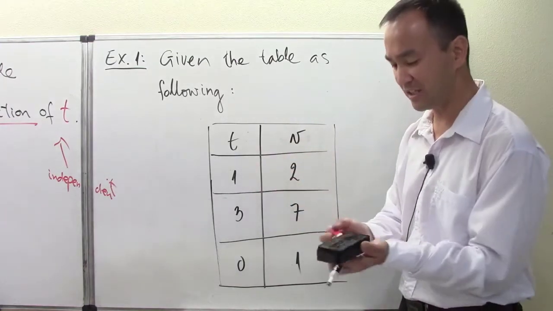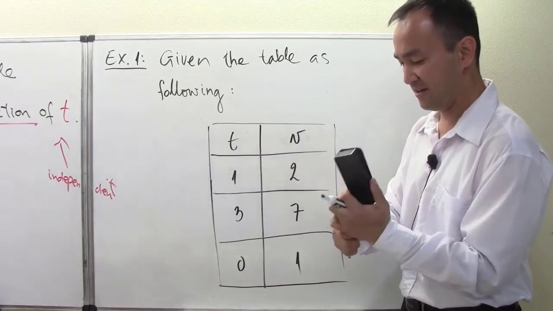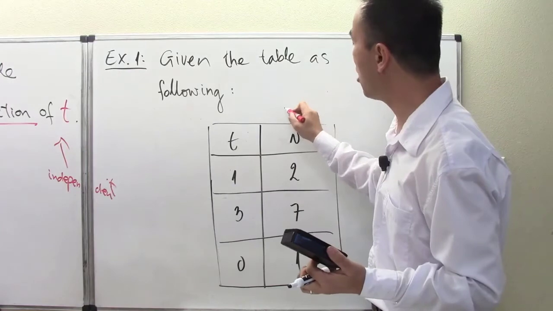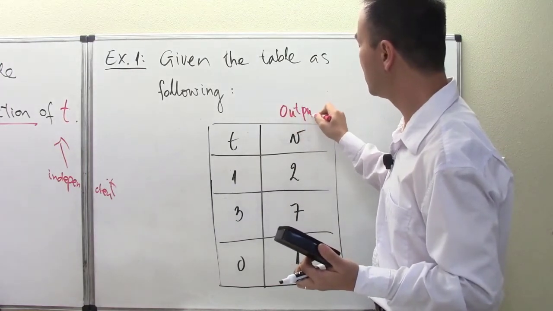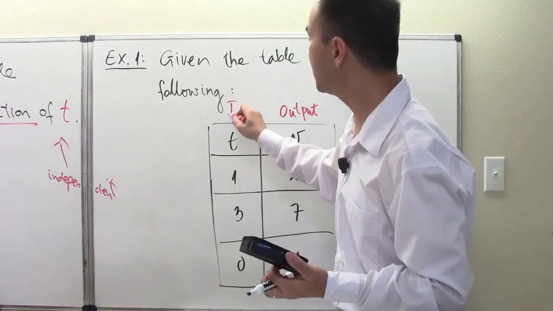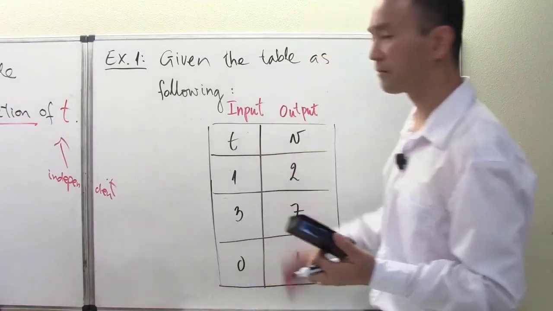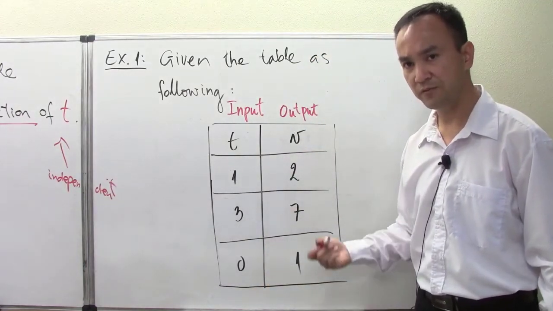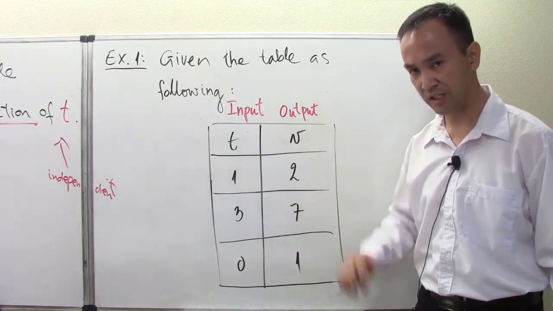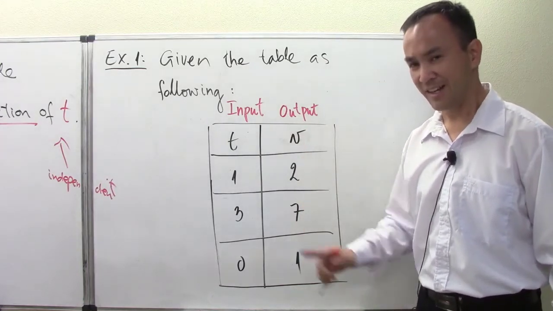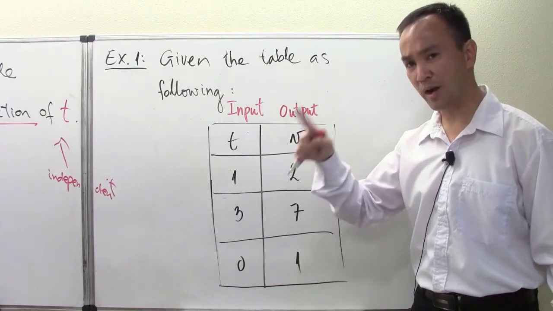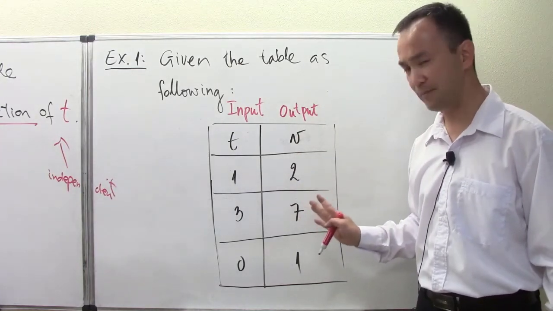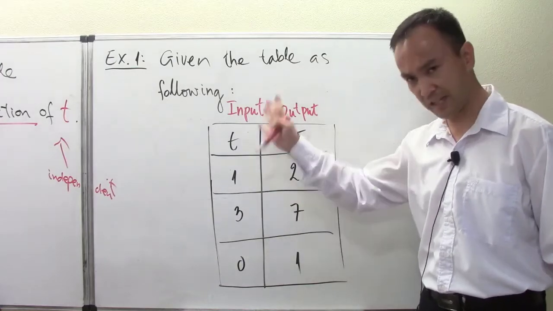Then that means, tentatively, we want to see V as the output, and we want to see t as the input. Combined with what I explained earlier, before we stepped into this example, a table is just a table.